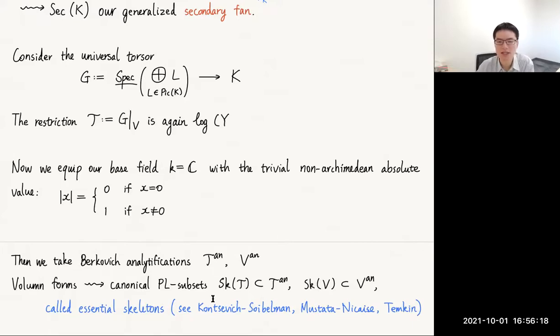So this is really a unique feature of Berkovich spaces, that we have these piecewise linear skeletons. And in general, we know that these skeletons depend on the choice of model and so on. But when we have a volume form, the volume form also determines a canonical choice of this skeleton, and they are called essential skeletons.